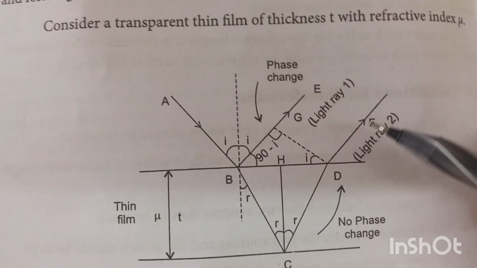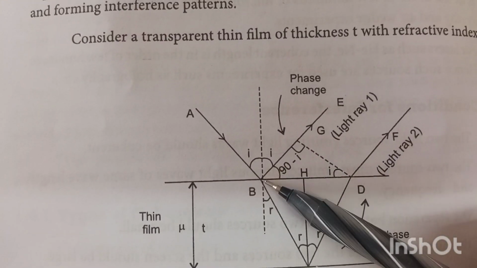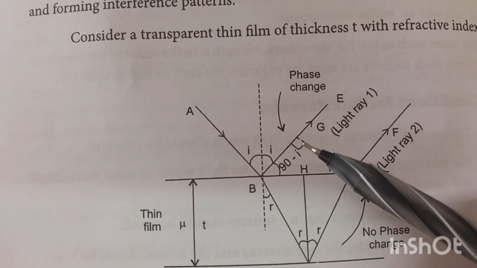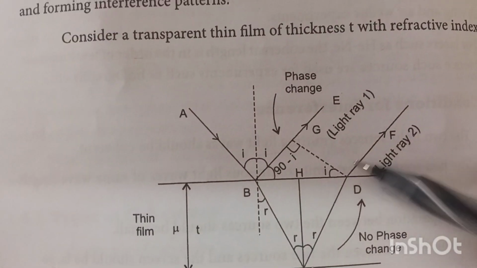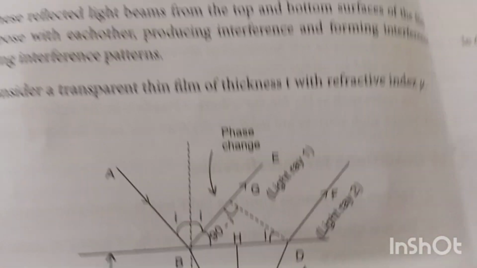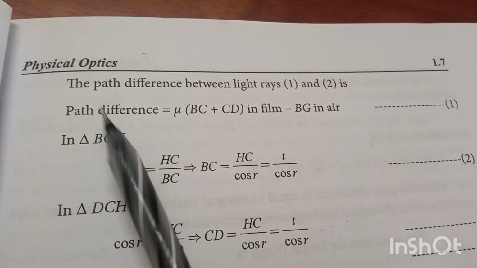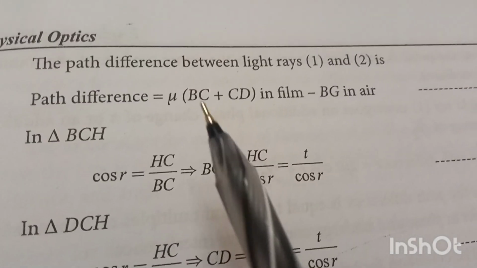By the time the light ray travels from B to G, the transmitted light ray travels from B to C and C to D. That is equal. So here, mainly our aim is to calculate the path difference between the two light rays.